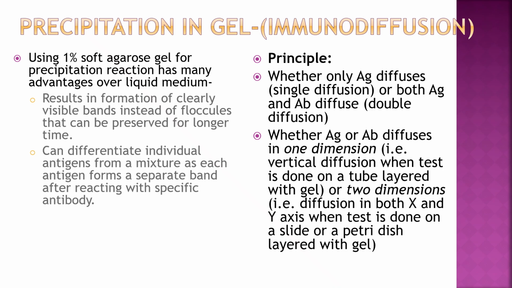Principle: whether only antigen diffuses, single diffusion, or both antigen and antibody diffuse, double diffusion. Whether antigen or antibody diffuses in one dimension, that is vertical diffusion when the test is done in a tube layered with gel. Two-dimension diffusion in both x and y axis when the test is done on a slide or petri dish layered with the gel.